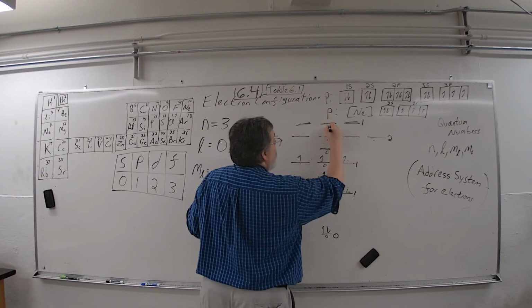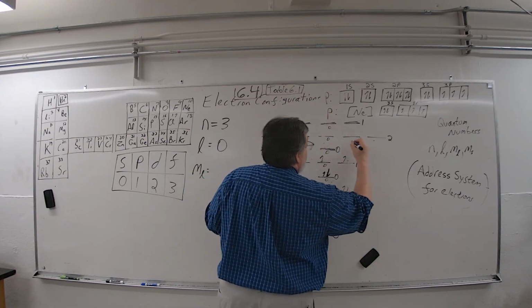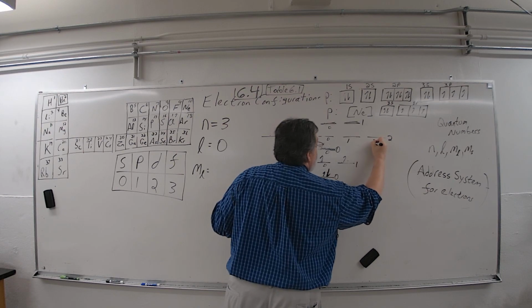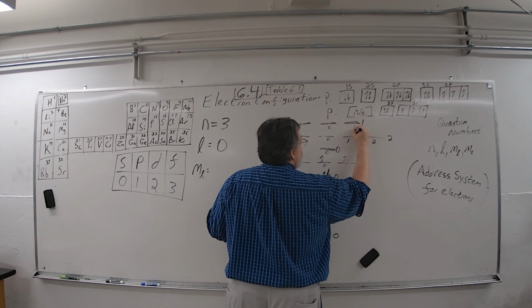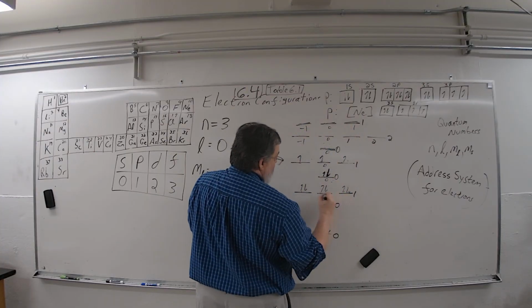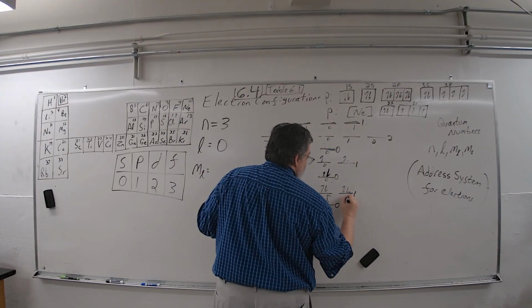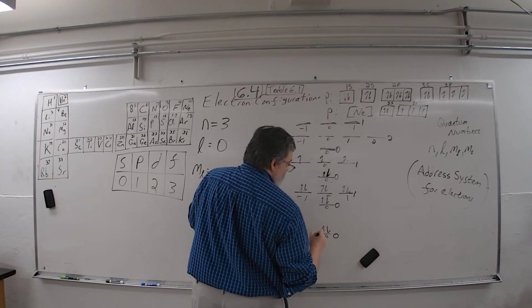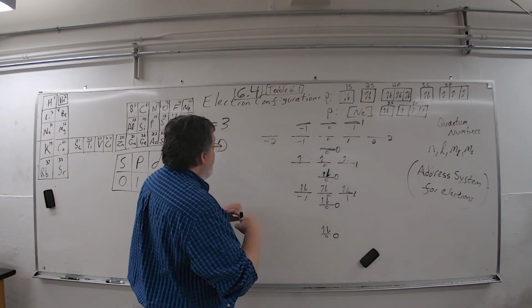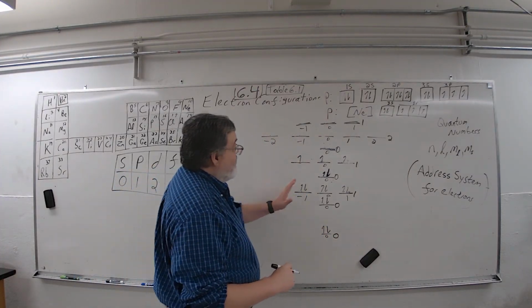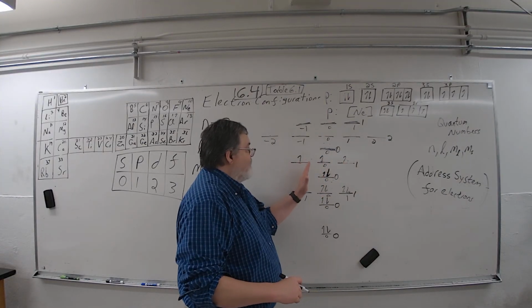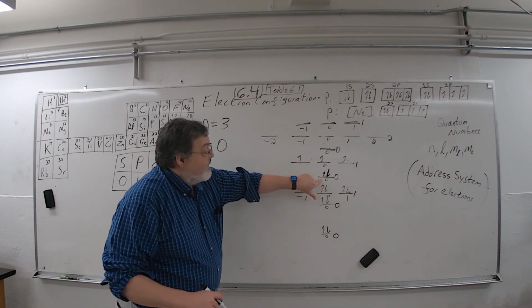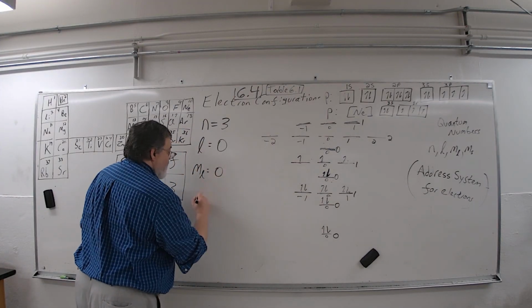Doesn't matter what type of orbital. If you're right in the middle, it's 0. Over here, this is 1, and this is 2. This is -1, this is -2. This one is 1, this is -1, -1, 1. Okay, so the next number tells you, are you in the middle, or are you 1 to the right, or 2 to the right, or are you 1 to the left, or 2 to the left? This one is in the middle, so it's 0.